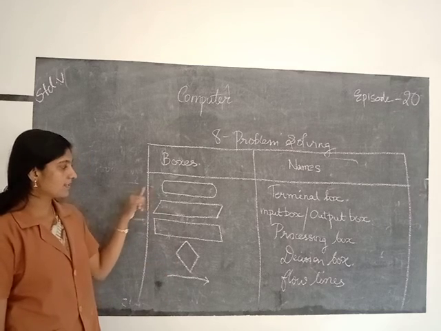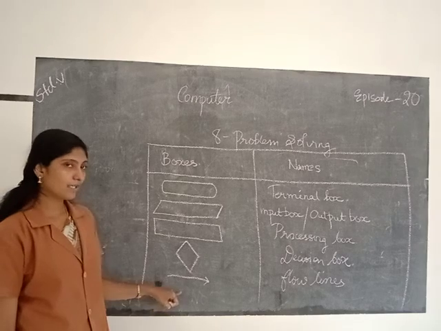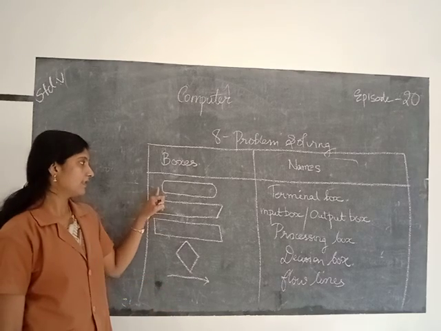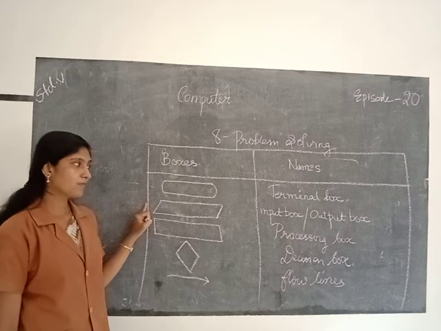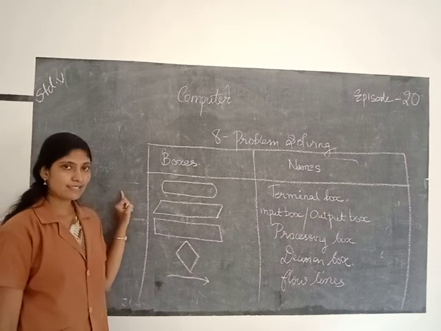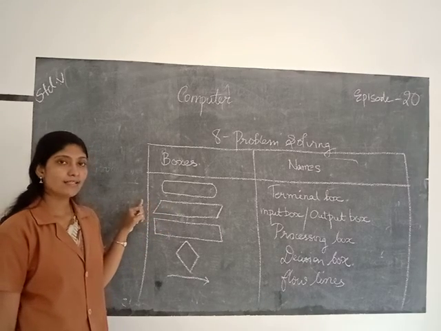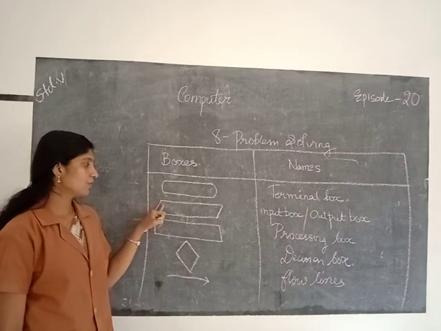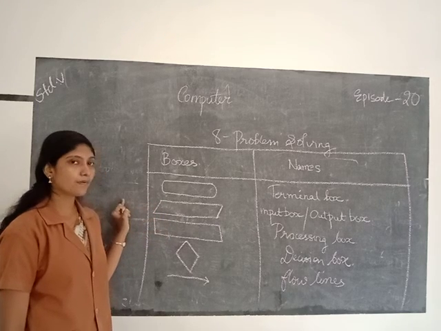Once again, the boxes are of 4 types, including flow lines. The first one is terminal box, second one input or output box. Terminal box contains start and stop. We can print or read the statements which we write in input or output box. The third one is processing box.